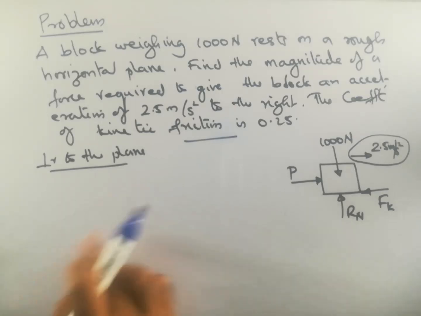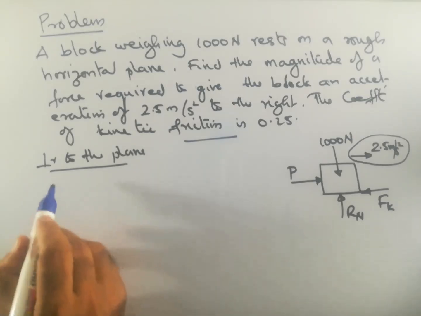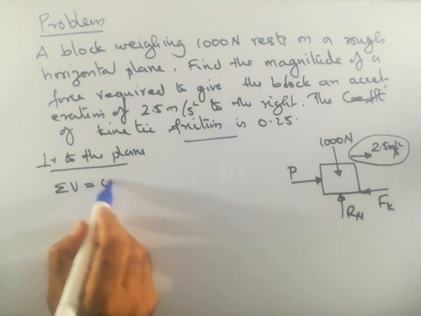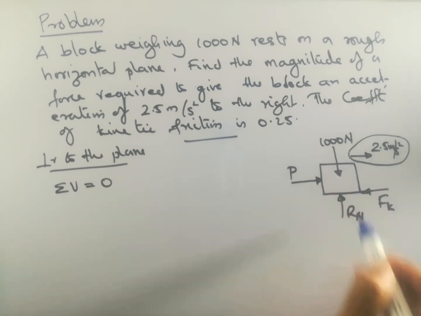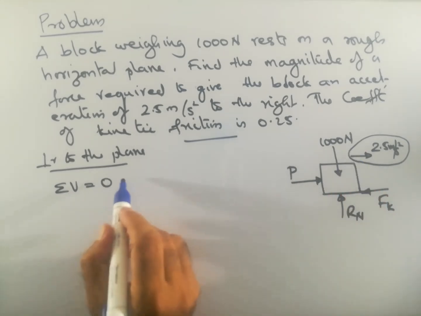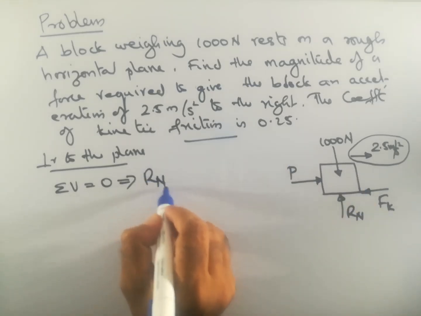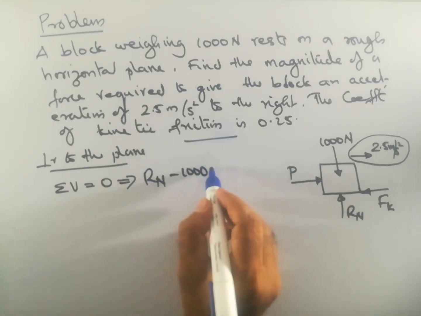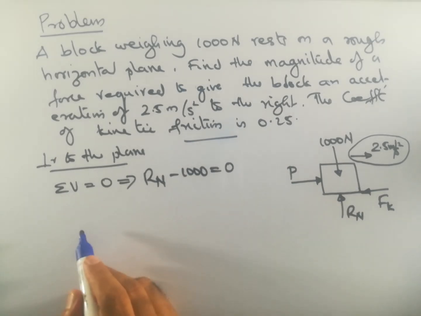So we can apply static equilibrium equation, that is, sigma v equal to 0. Sigma v is the net force acting in the vertical direction. So here net force is Rn minus 1000 equal to 0.